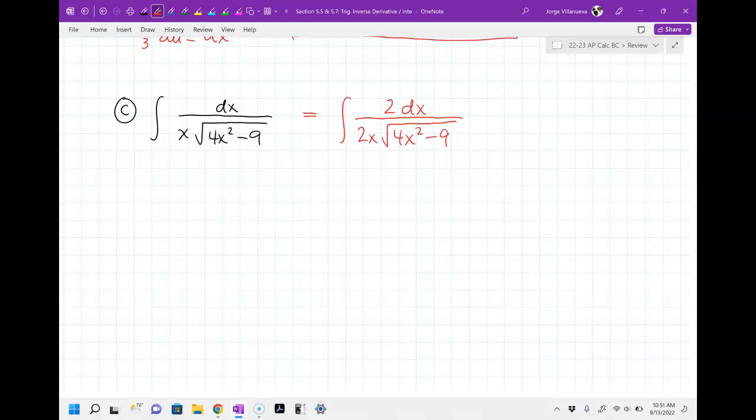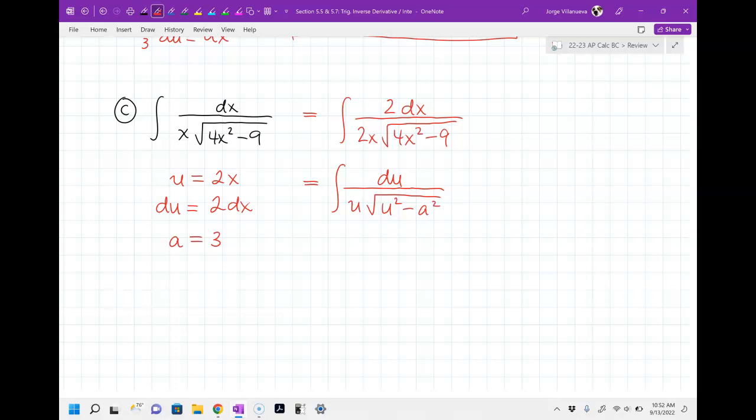Now, at this point, I know that my u value is going to be 2x. So my du is 2 dx. Now notice, I do have a 2 dx up on top, so I'm just going to leave it like that, okay? So du will take over the 2 dx. And then my a value is 3. Okay? So let me plug that stuff in right now. So this will be du on top over u square root of u squared minus a squared, right?